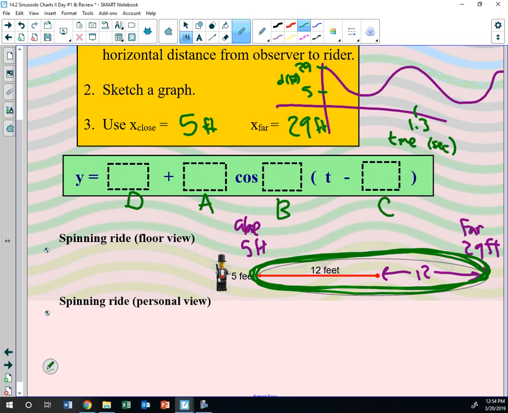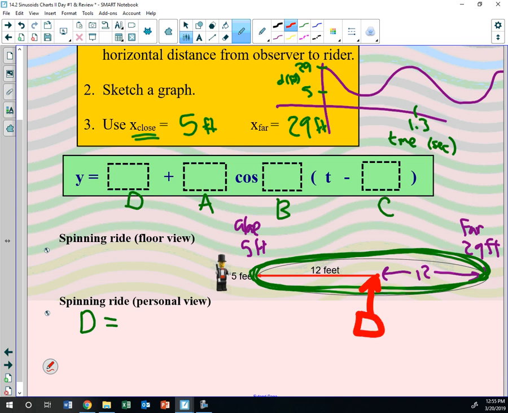First thing we did is we found that the closest distance is 5 feet. If the radius is 12, 24 and 5 gives us furthest distance 29 feet. So we're going to find D first. D is the middle, right there.